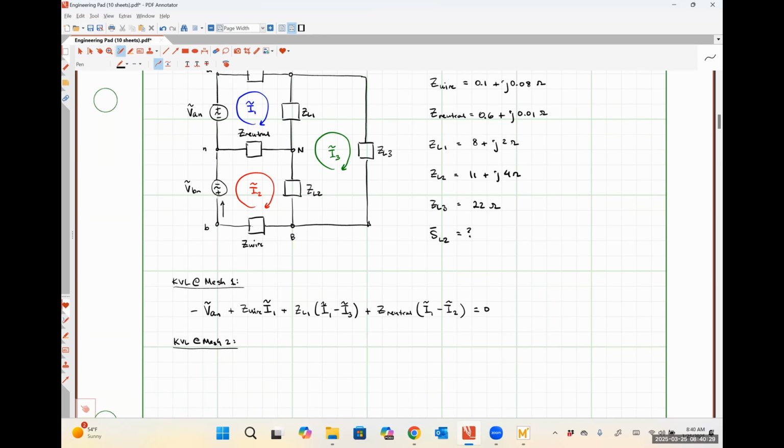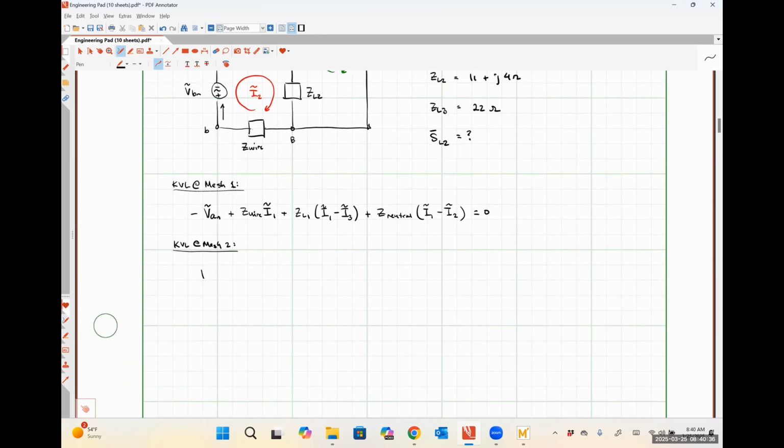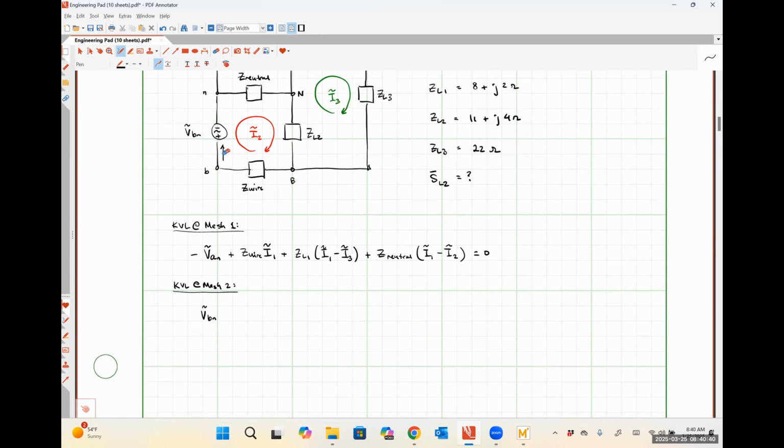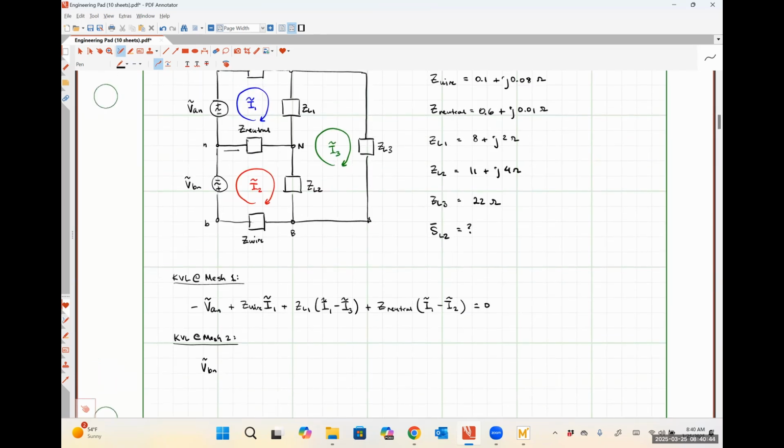VBN, okay, and I see the positive polarity terminal first, so I should just have plus VBN, so I'm just going to start with a VBN here. Now, I'm going to have the voltage drop across the neutral impedance, and I'm going from left to right. So what should that voltage look like?